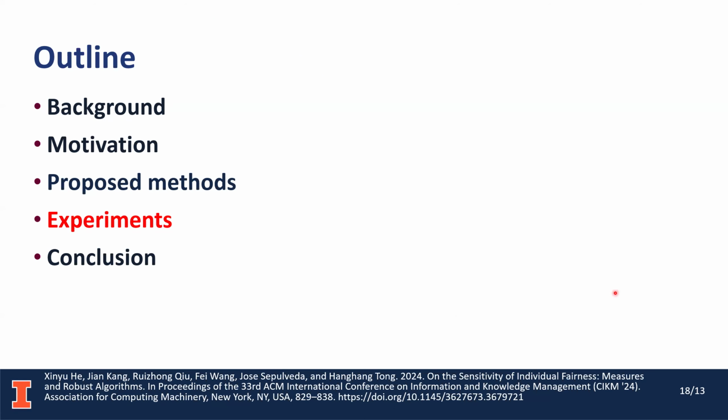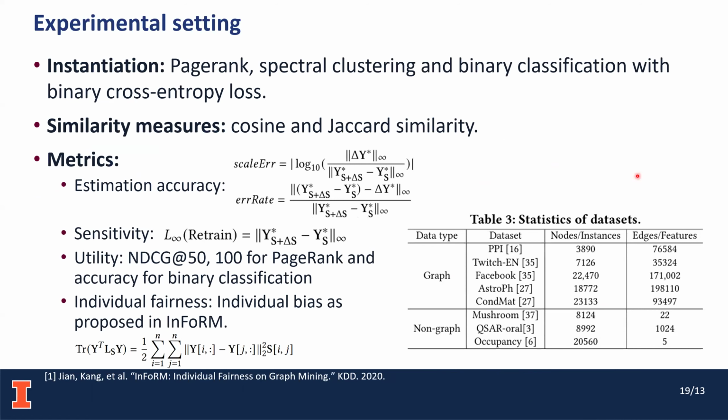So this is all for the methodology, and I'm going to move forward to the experiments to show the effectiveness of SOA and SOM. For the experimental setting, I'm using the algorithms that we just instantiated, which include PageRank, spectral clustering, and binary classification with the binary cross entropy loss.